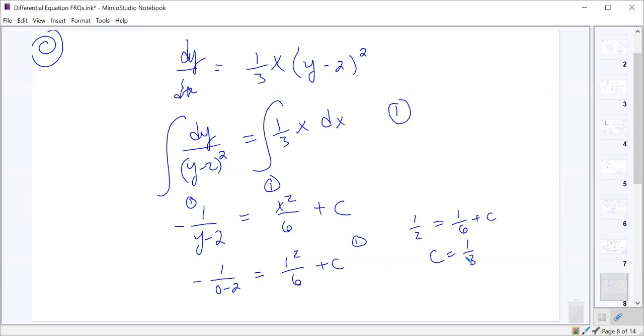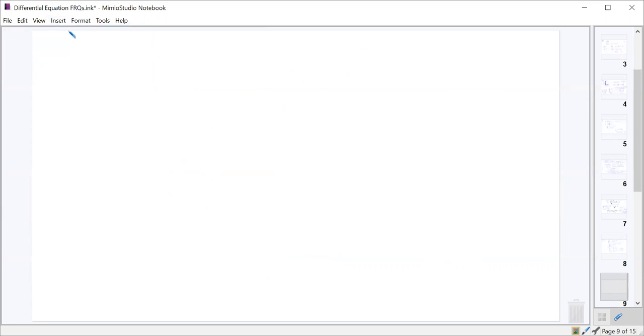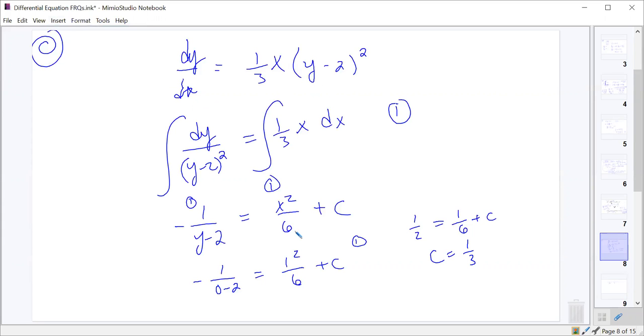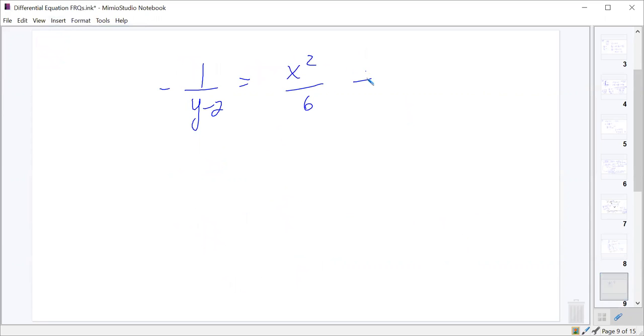And then you need to go back and solve for y to get the 5th point for part C. So I'll just go to a new page for that. We had -1 over (y minus 2) equals x squared over 6 plus 1/3. And so then you need to solve for y. We talked about this a lot when we were doing our separable differential equations and had fractions over here, but you've got to get a common denominator if you're going to take a reciprocal.